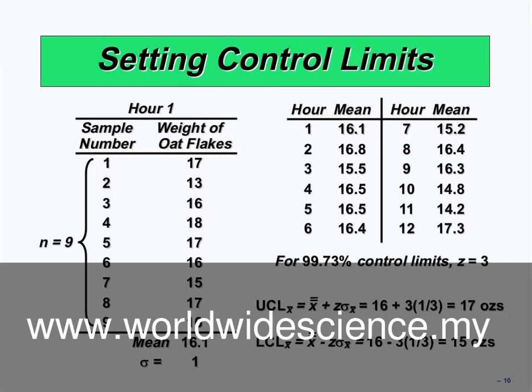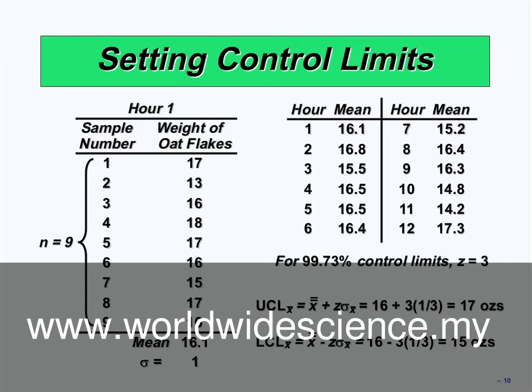In this example, sigma is equal to 1 and Z is equal to 3, okay. With this sigma and this Z, at another time, for example at 9 o'clock, the operation manager has selected 9 cups of the flakes and has measured the weight of these cups.